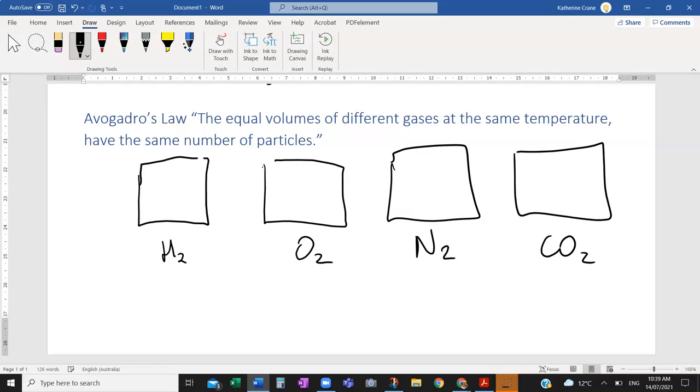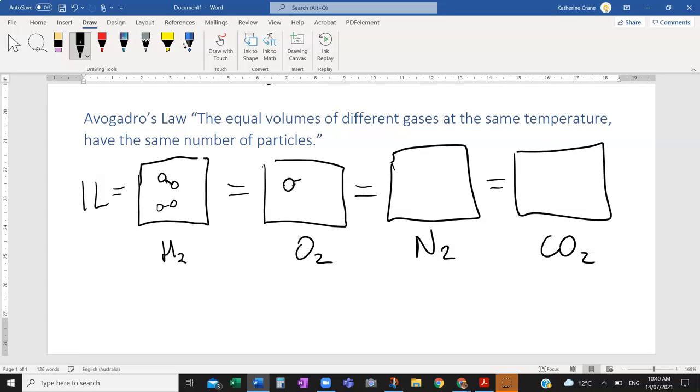These are just containers, and these are all 1 litre, let's say. This is just an example. So our volumes are the same, so you have the same number of particles in the same volume.